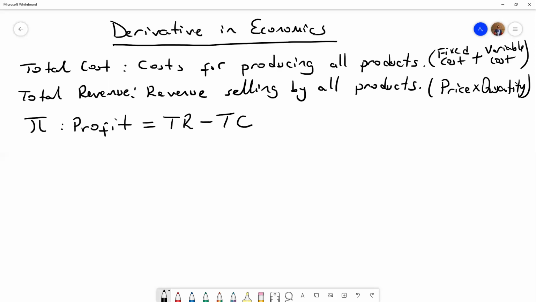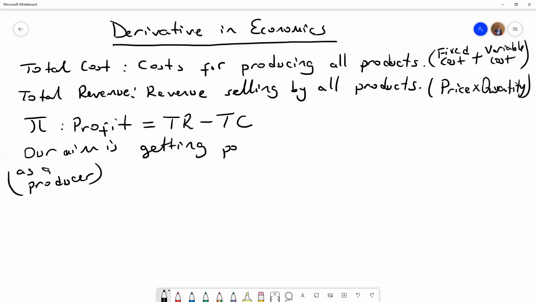And now the derivative part. Also, our aim as a producer is getting positive profit.